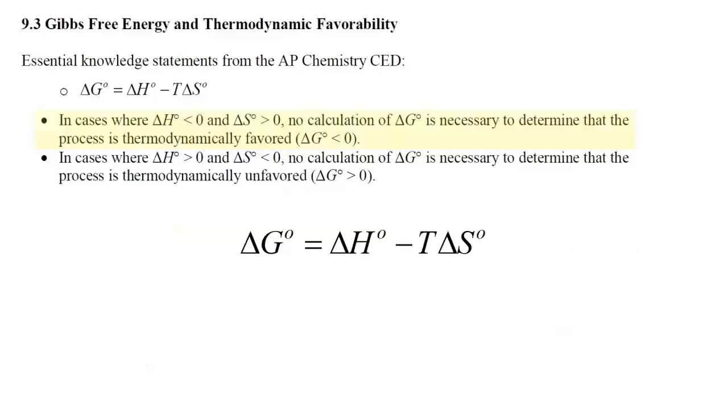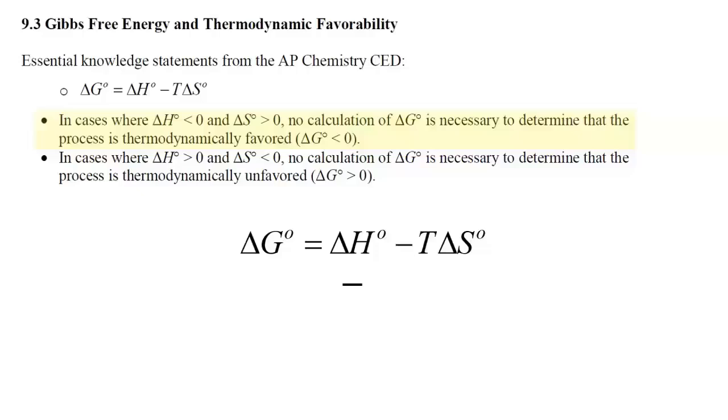I'd like to consider two of the possibilities looking at the sign of delta H and the sign of delta S, in which no calculation is necessary to determine the sign of delta G. So here's the first situation. Suppose that the sign of delta H is negative, in that we have an exothermic process.